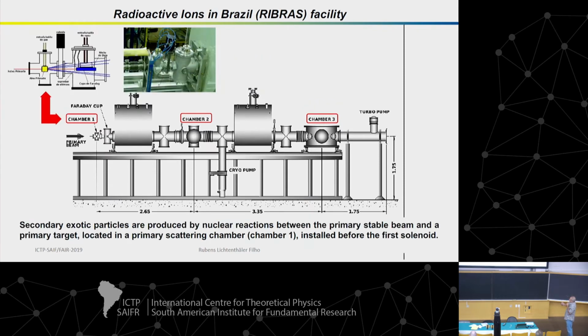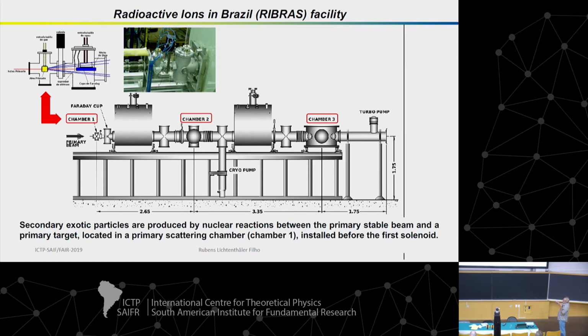So RIBRAS uses the in-flight method to produce secondary beams of unstable particles. The primary beam is produced by the Pelletron accelerator, and usually is lithium 6, lithium 7, or boron. It comes from the left and collides with the primary target, which is inside chamber 1.